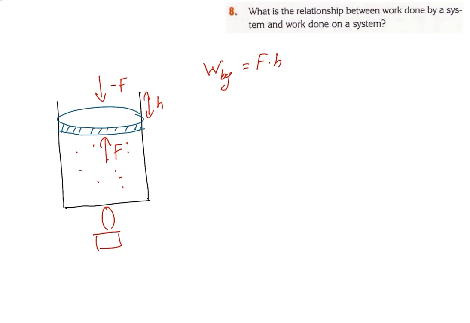But the work done on the system by the surrounding will be equal to negative F times h. As you can see, they have the same value but with the opposite sign. So we can make the final definition: work done by the system will always be equal to negative work done on the system.